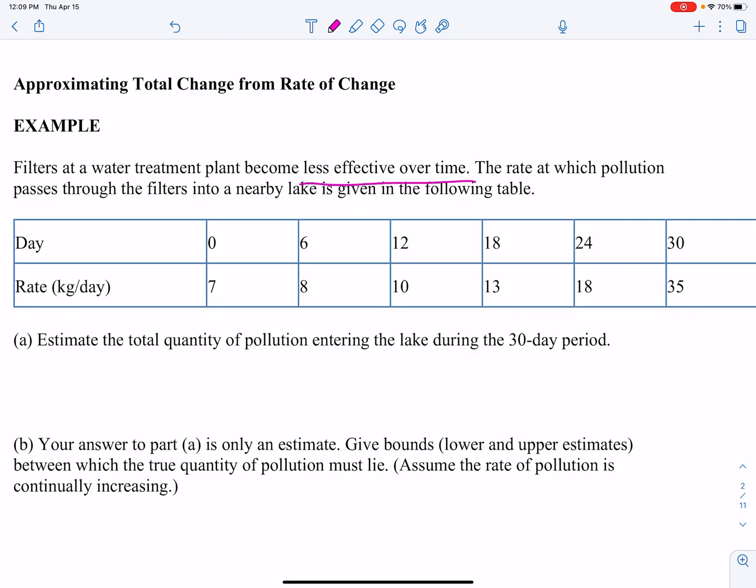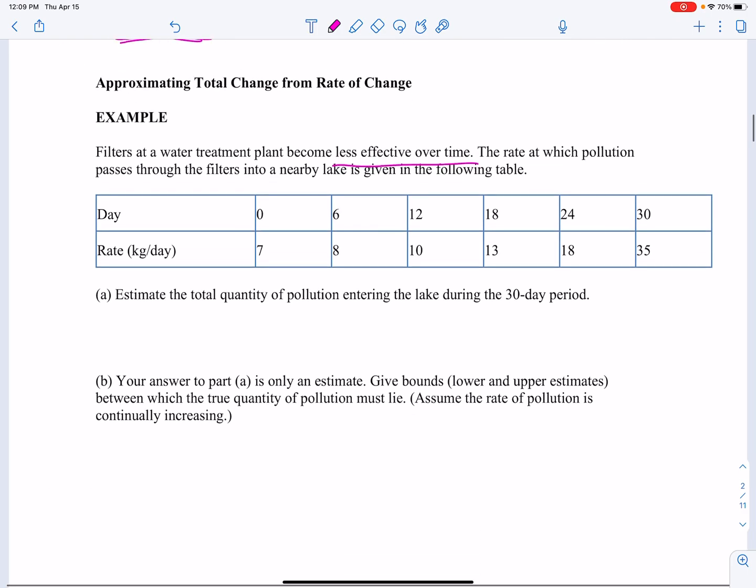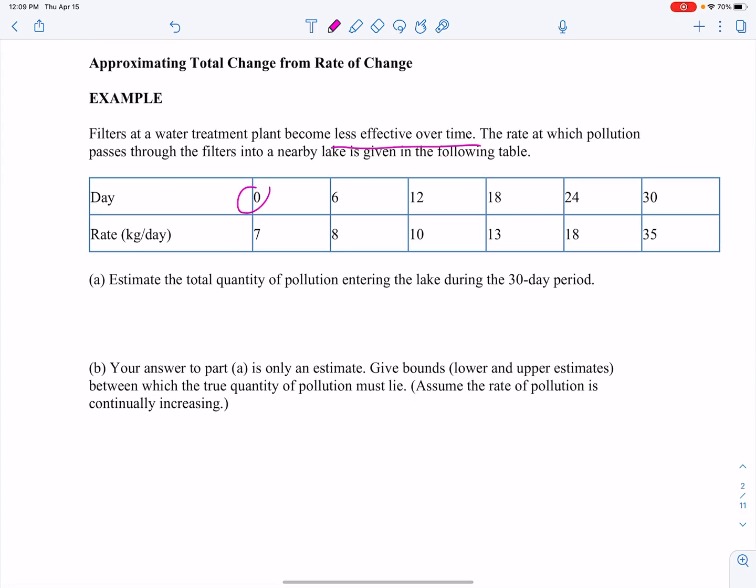The rate at which pollution passes through the filters into a nearby lake is given by the following table. So there's how many days and the rate in kilograms per day of pollution. Part A says estimate the total quantity of pollution entering the lake during the 30-day period.